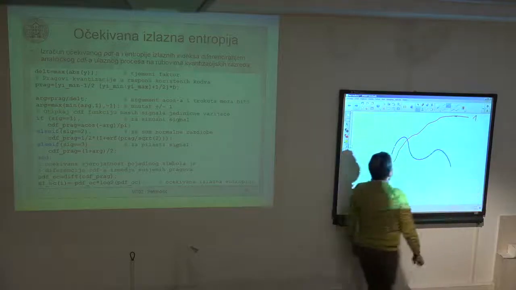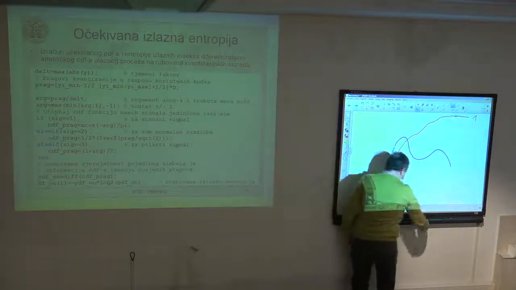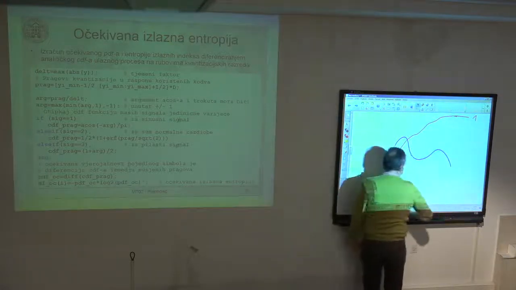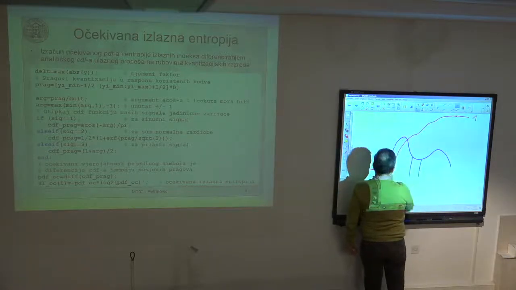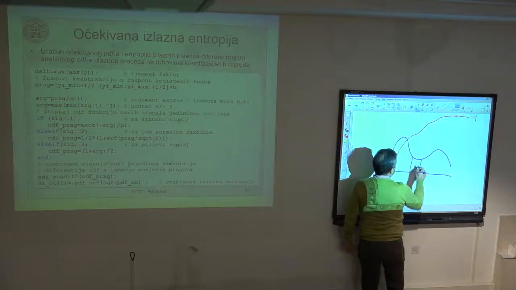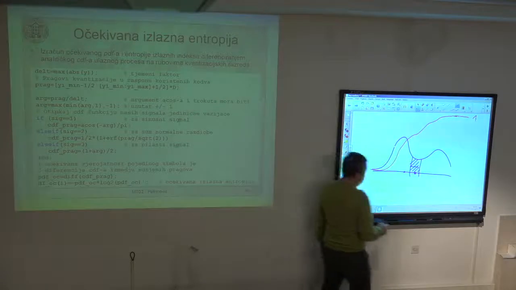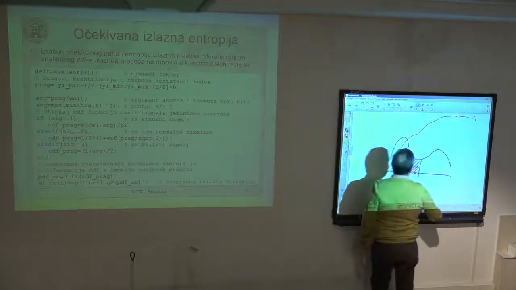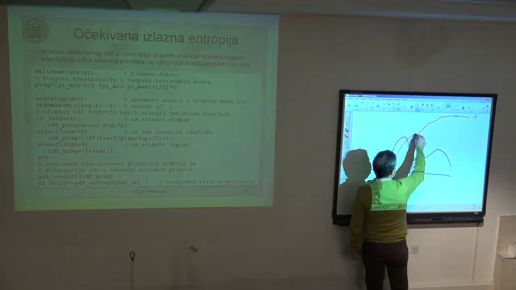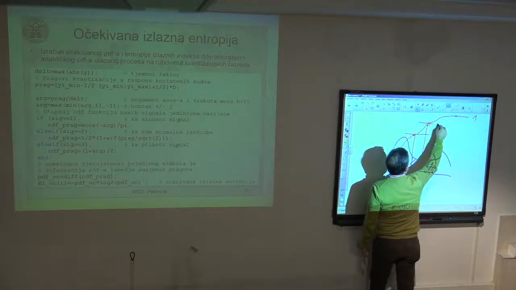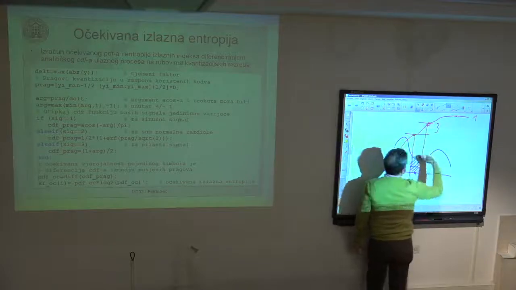Instead of computing the integral below the PDF curve to find the probability around one quantization level, where this is the midpoint and this is another midpoint, the same thing can be done by simply taking the difference of the CDF at this value and this value. So I differentiate these two values and I get this integral.